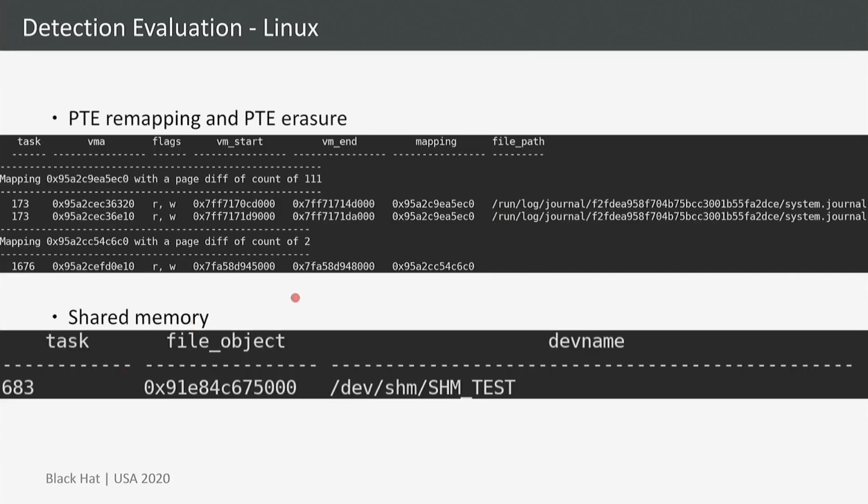Here are some examples for the evaluation on Linux. First, PTE Remapping. Here we can see output, essentially 2 mappings that have been identified by our plugins. The first case is a false positive. In the systemd journal process, we have some mappings that are reported here, but it is not an attack.